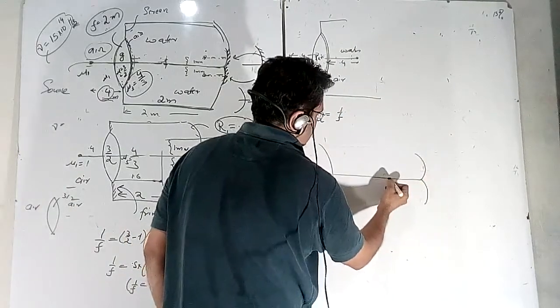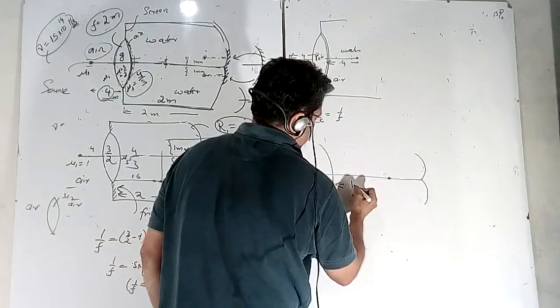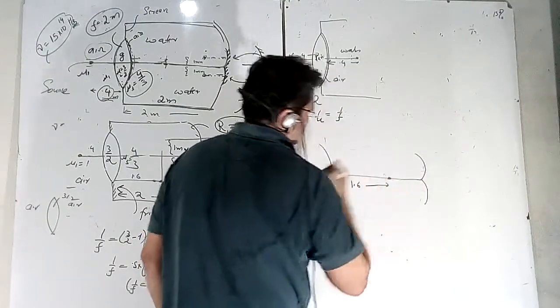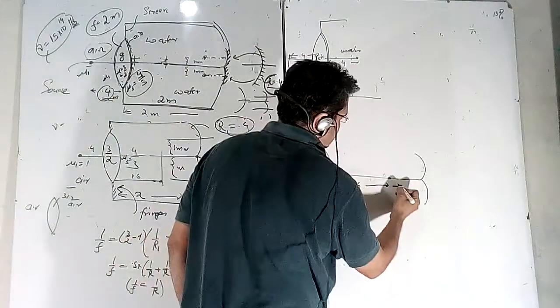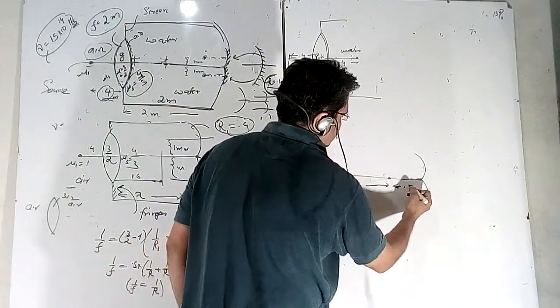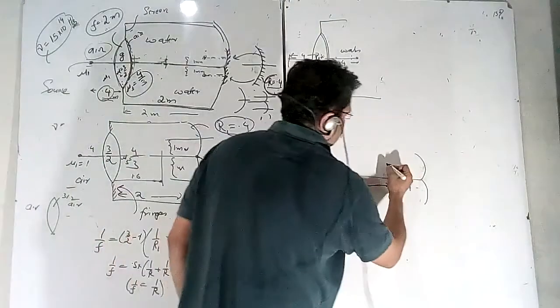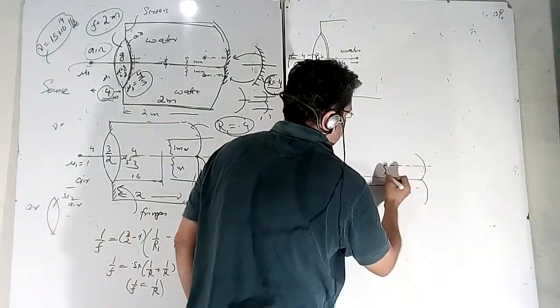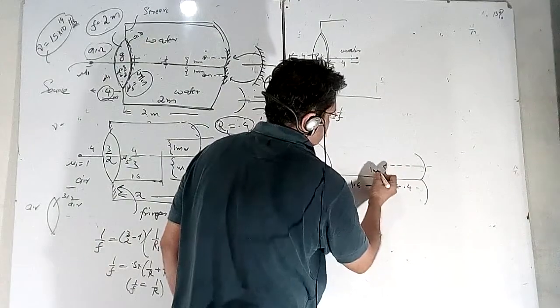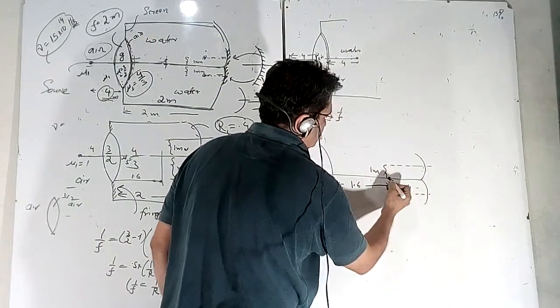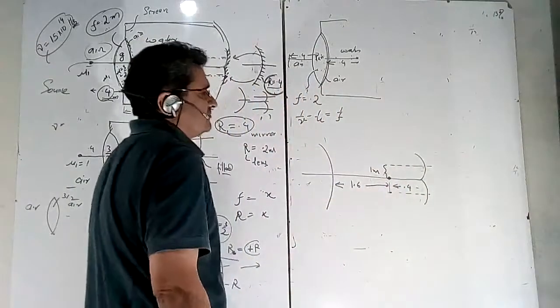Now the image is formed at 1.6 from here, and since the hole was at 0.4. For this mirror it is at 1 millimeter, and for this mirror also it is at 1 millimeter from the axis.